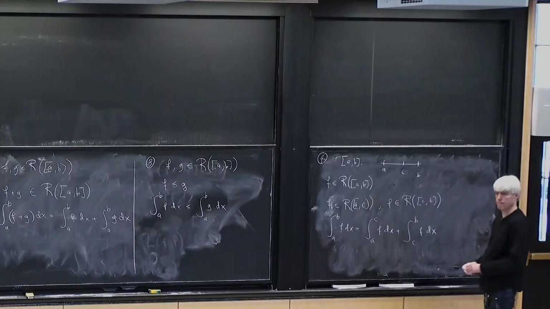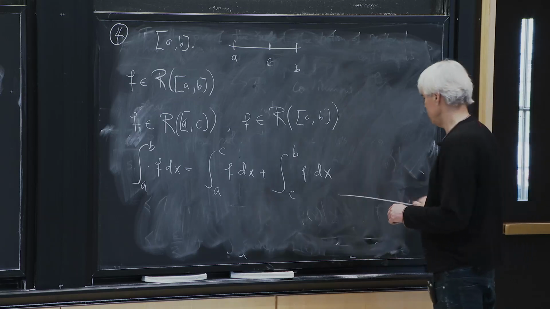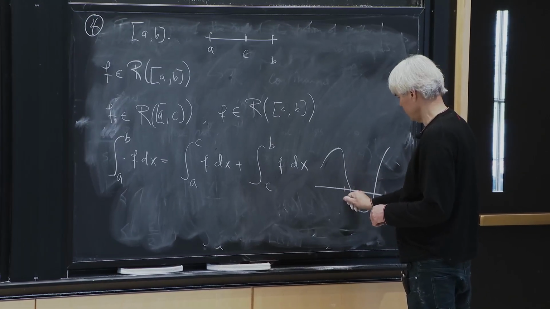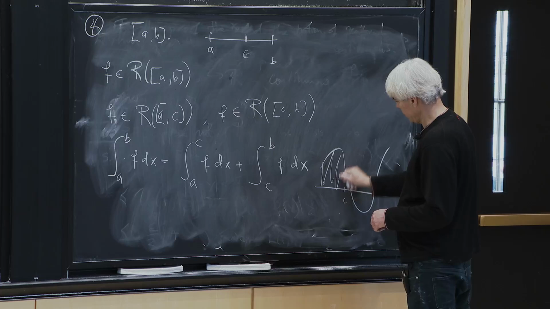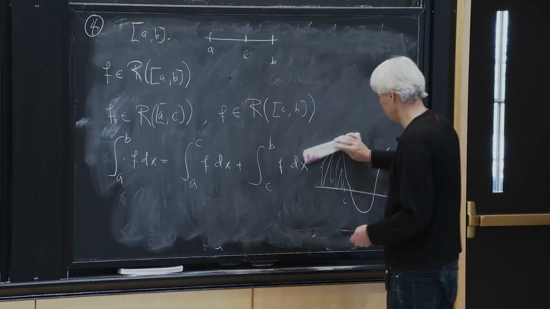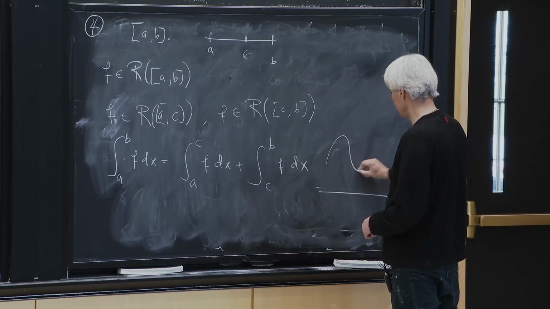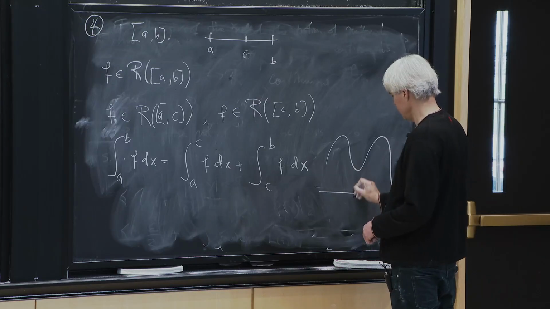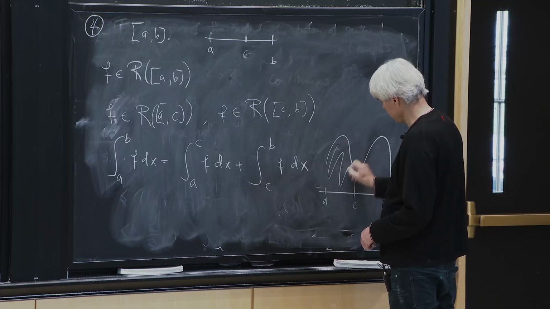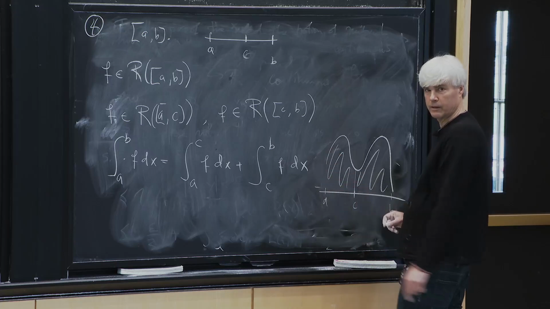Okay, like that. And if you think about it in terms of the area below the graph, if you take a function like this, and the function is actually positive, and you think about the Riemann integral as the area below the graph, if this here is c, this here is a, this here is b, then this area plus this area is the sum, which is the area underneath the whole graph.